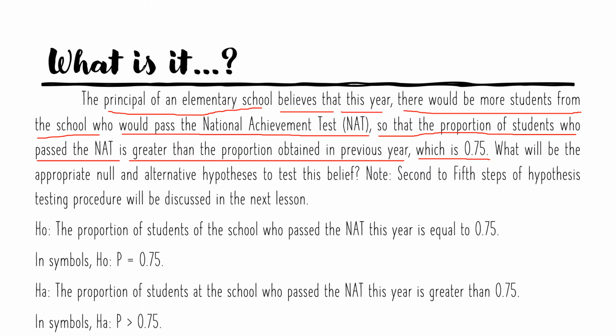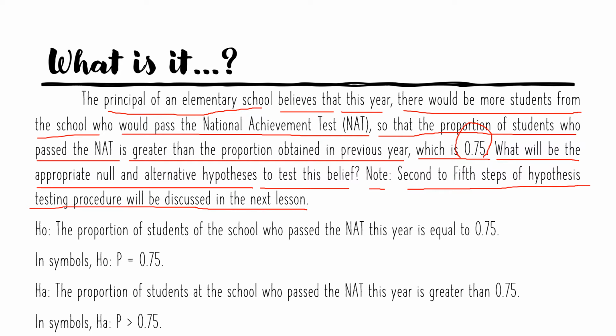So there is a population proportion here, which is 0.75. So what will be the appropriate null and alternative hypothesis to test this belief? Please do take note that the second to the fifth steps of the hypothesis testing procedure will be discussed in the next visual lesson.